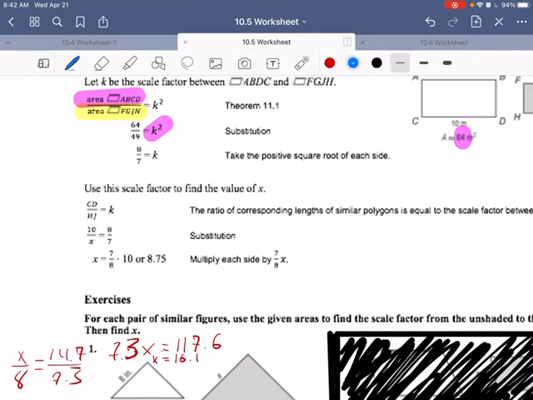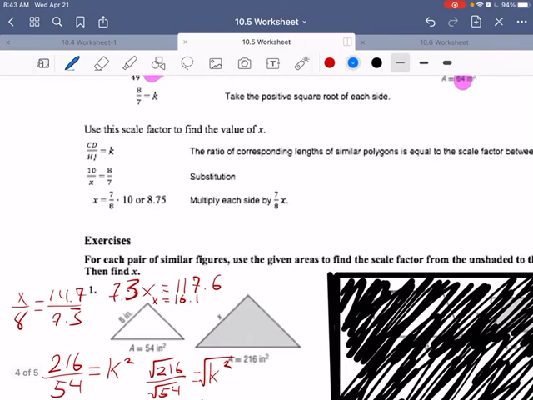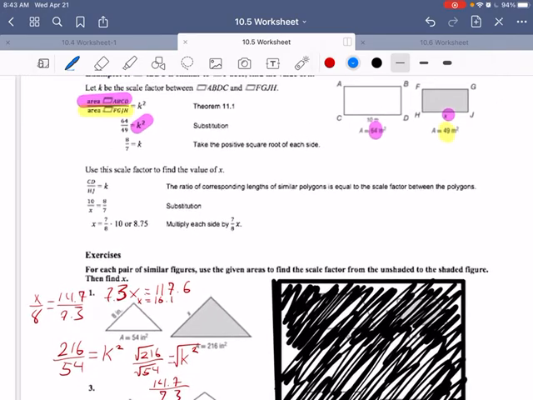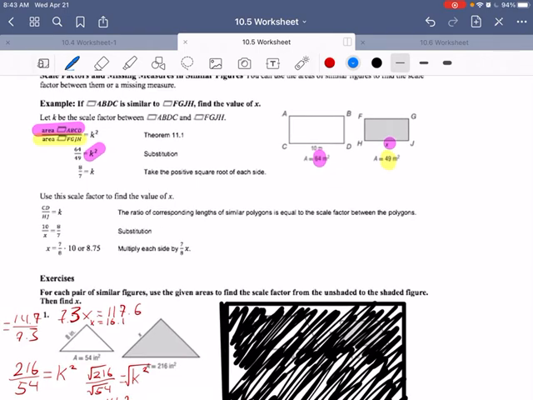When we have 8 over 7, we can use that scale factor to then figure out a little bit right here. So that's our scale factor. We go from this right here, A, B, C, D, to F, G, J, H. So we do the same thing.